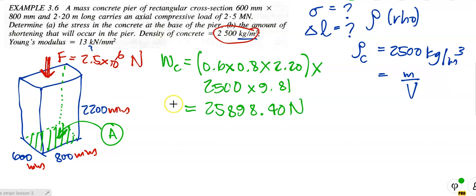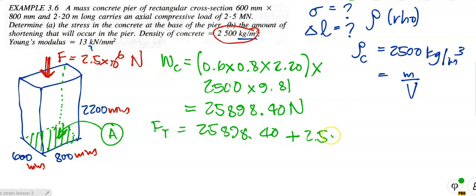Newtons. So therefore, force acting total is equal to 25,898 plus the load acting of 2.5 times 10 to the power 6 newtons.